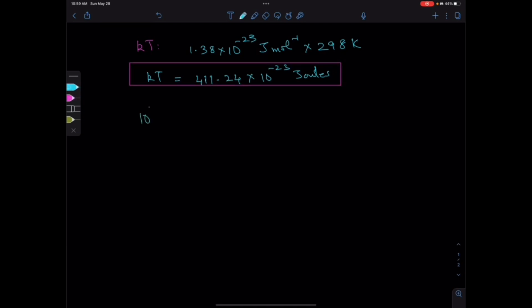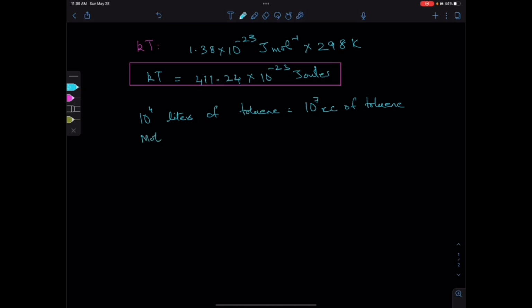So we have 10 to the power 4 liters of toluene, which is 10 to the power 7 milliliters or 10 to the 7 cubic centimeters of toluene.